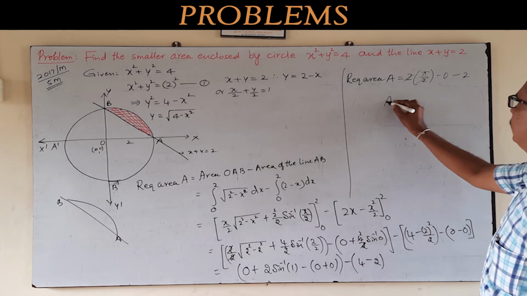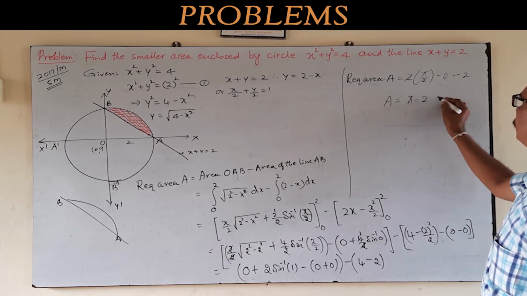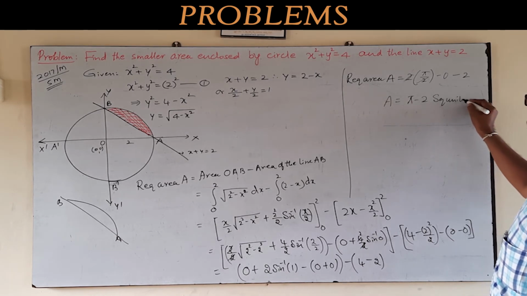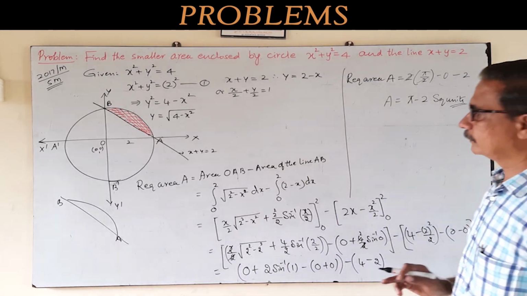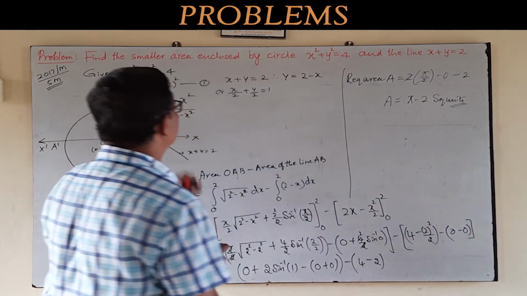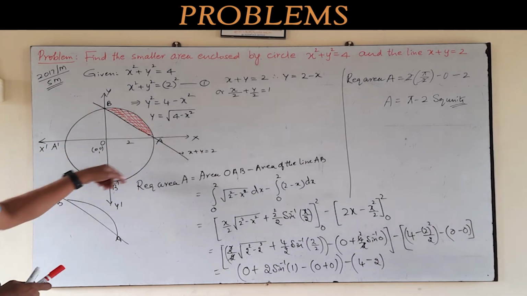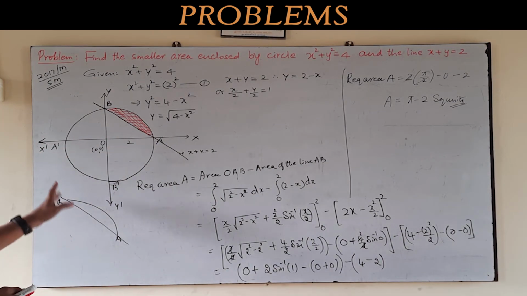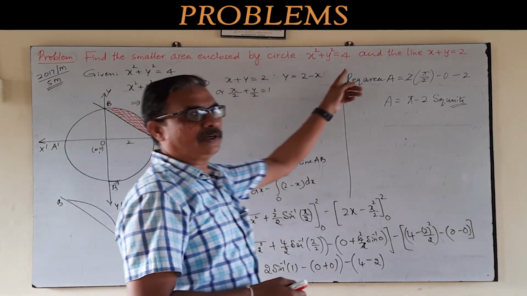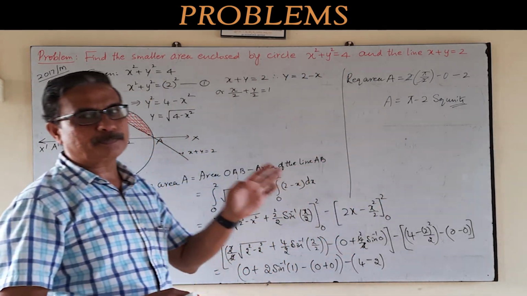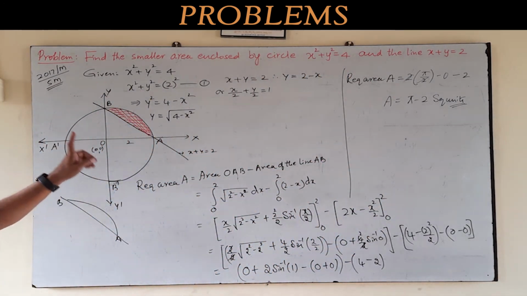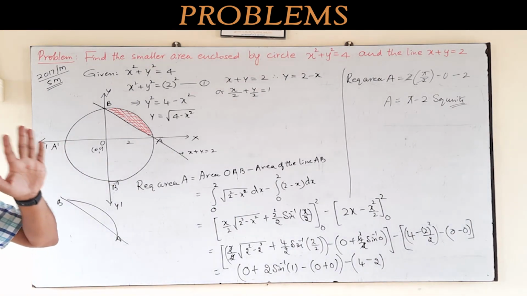The 2s cancel, so the required area A is equal to pi minus 2 square units. Okay, we only need to find the smaller area enclosed by the circle x square plus y square is equal to 4. You know that x square plus y square equal to a square represents the equation of a circle with center at origin, radius a.